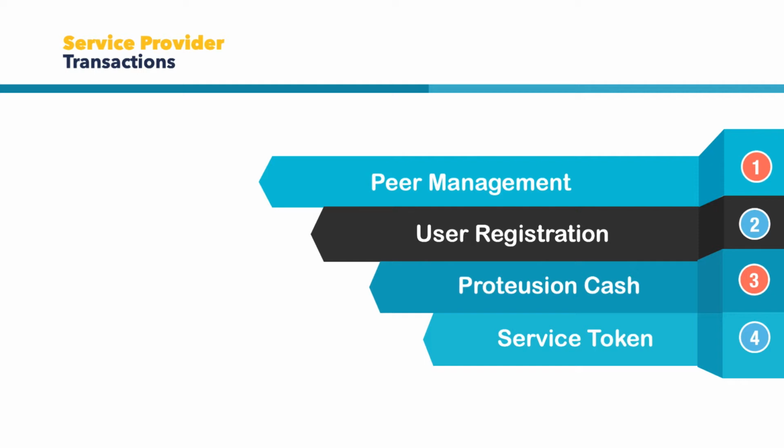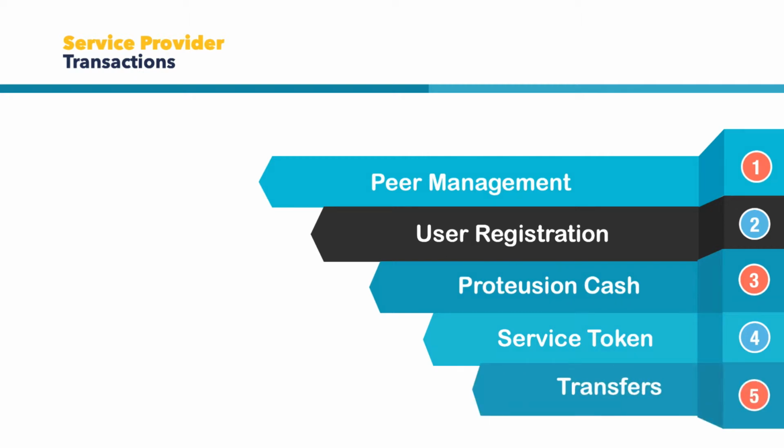It also has the facility to register a service token, which is a general purpose token that allows the service provider to use a virtual currency within the services that they can provide. And this is extensible and will be visible to the user's wallet.